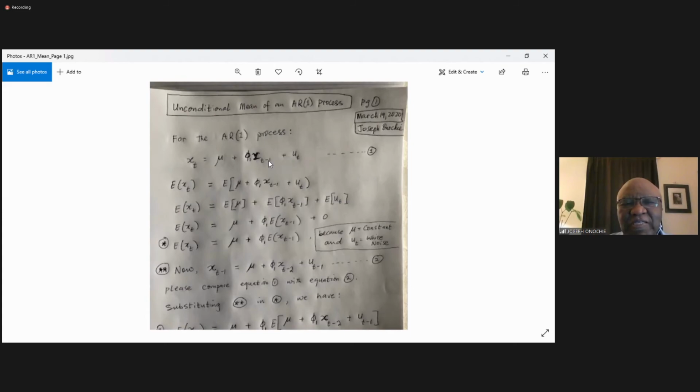And then this one is lagged one time period before these two. The same way, XT minus 1 goes with UT minus 1, the error, the white noise. And this one has to be minus 2. You see that? Everybody follow me?